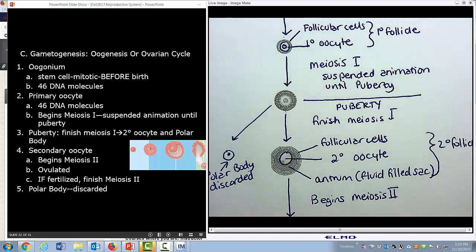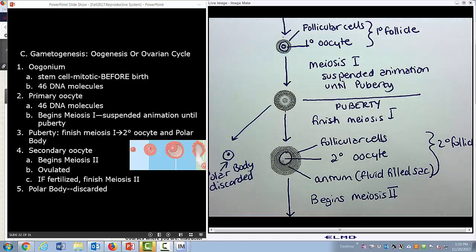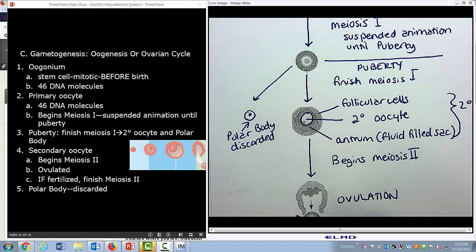Okay? So if this is fertilized, so let's say fertilization occurs, then we are going to end up with a zygote, which is the egg that's been fertilized with the sperm. It's the first cell of the new individual as the zygote.